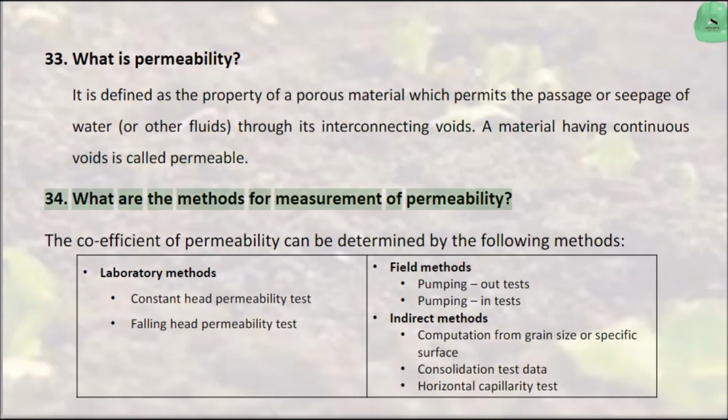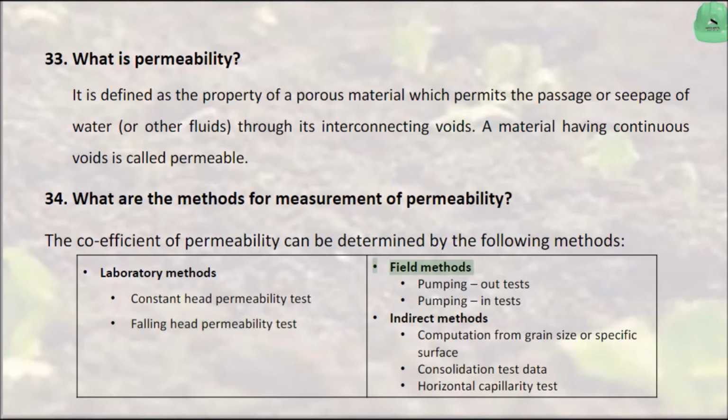What are the methods for measurement of permeability? The coefficient of permeability can be determined by the following methods. Laboratory methods: constant head permeability test, falling head permeability test.